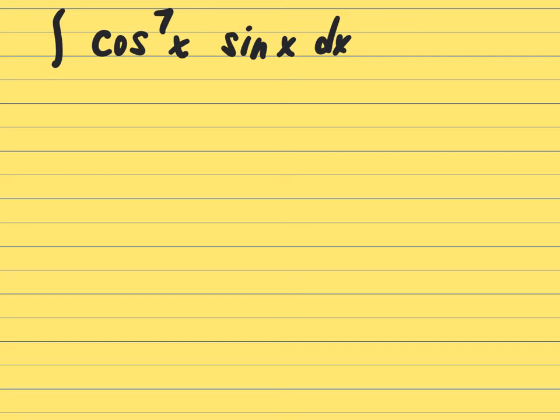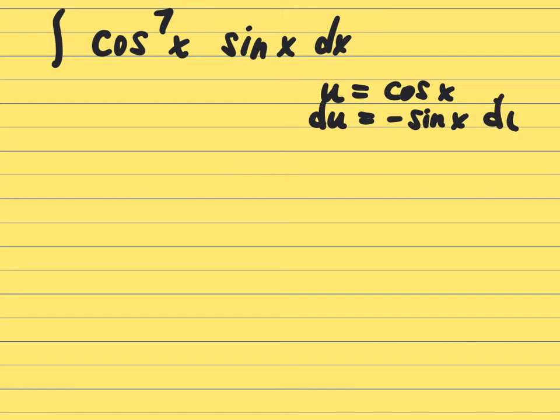What I'm going to do here is let u be cosine of x. And taking the derivative, you'll get negative sine x dx, which has exactly one of the sines left over from the original problem.